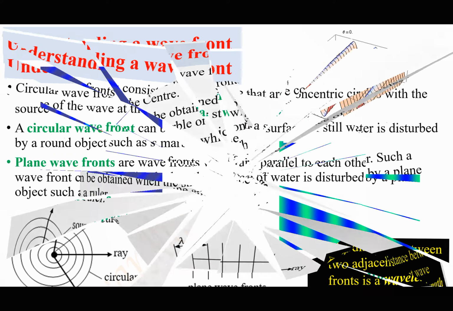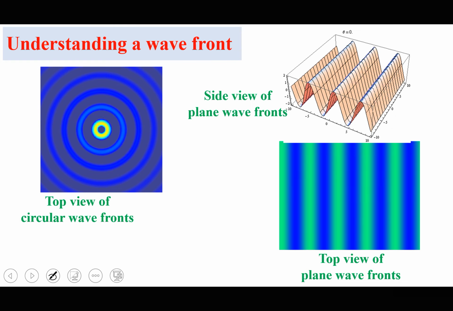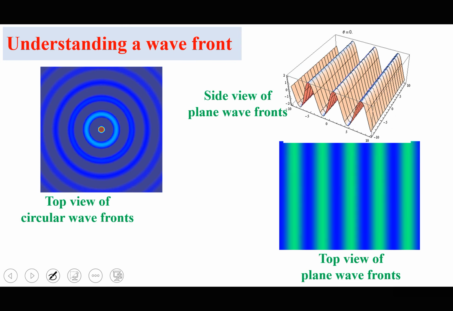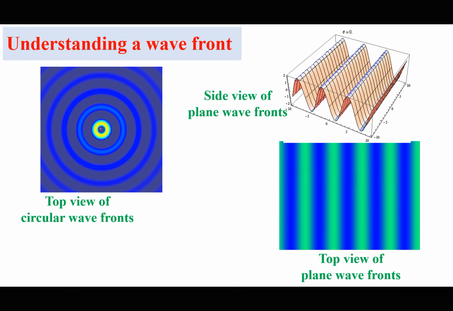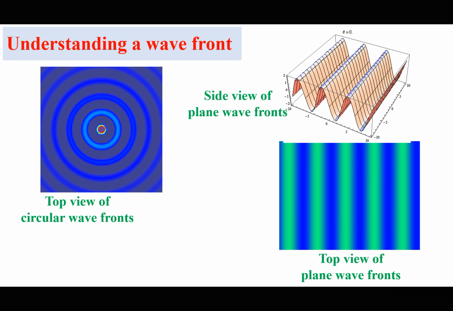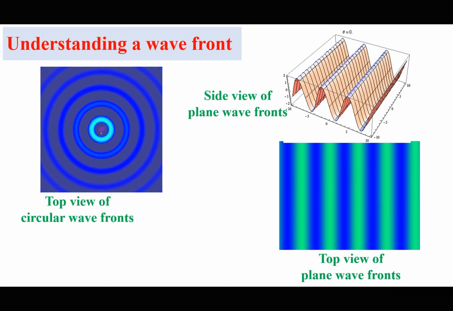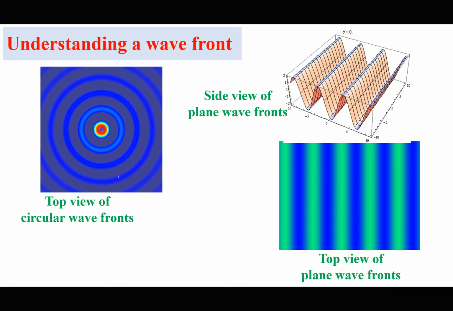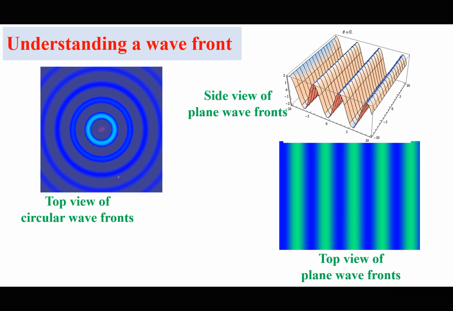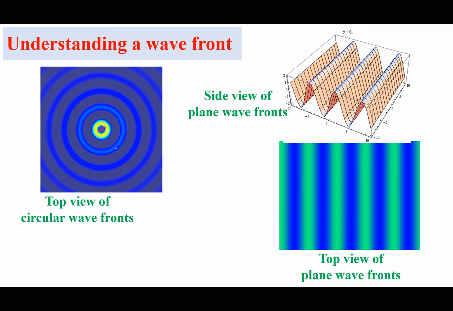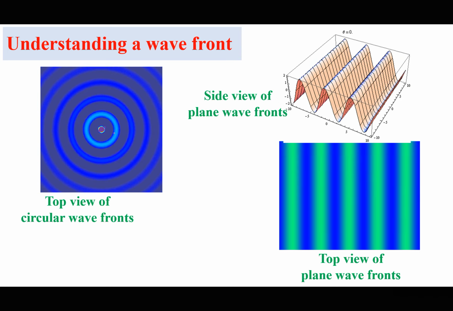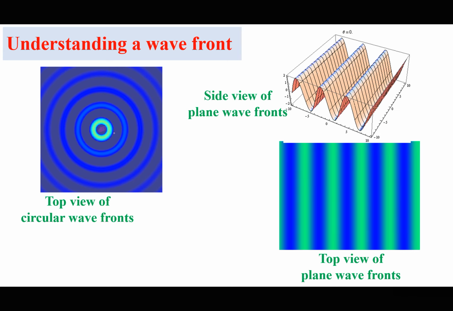To animate these wavefronts, I decided to use a few animations that I obtained. You can notice when I drop an object at this center here, I come up with what we call circular wavefronts. At every wavefront, the particles are the same distance from the source. That's what we mean by circular wavefronts.